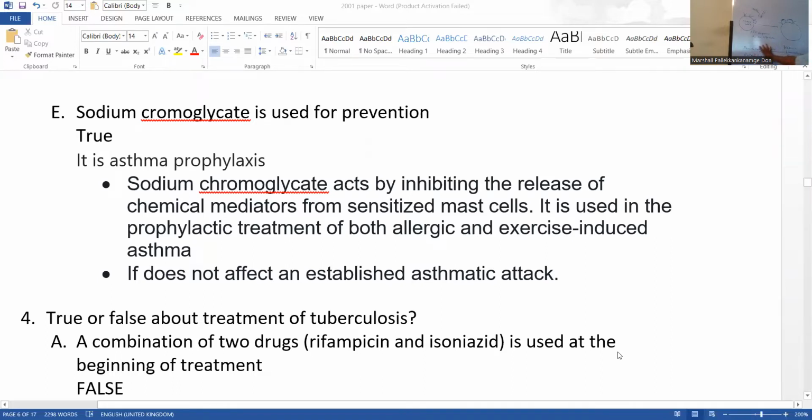So nothing happens to the patient. So no asthma. It is a prophylactic treatment because if the patient already has asthma, this can't do anything because chemicals are already released. But this is given as a preventative treatment to prevent getting asthma.